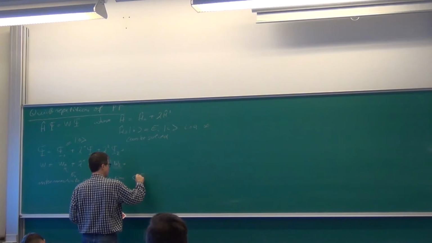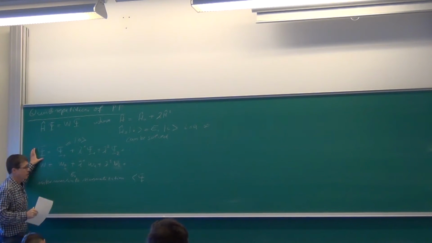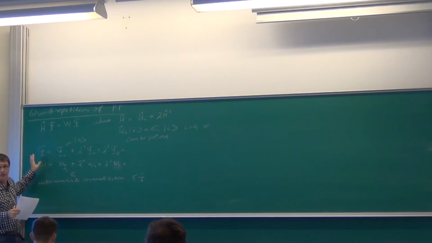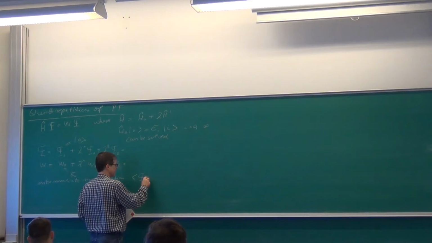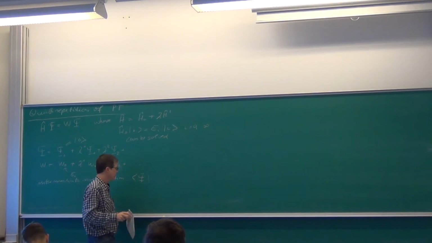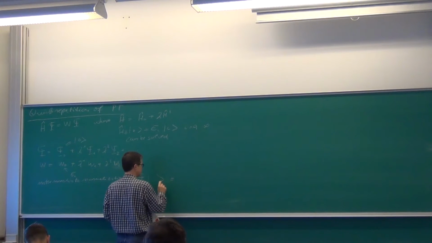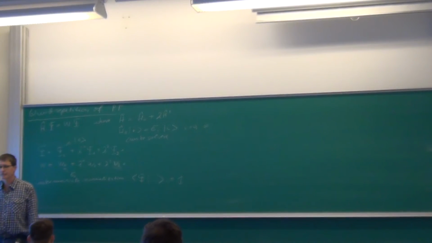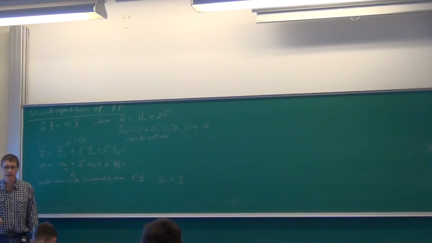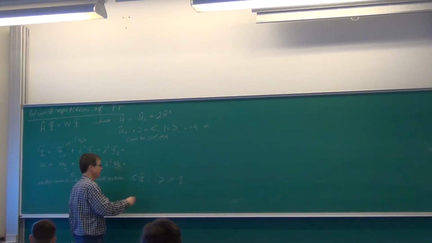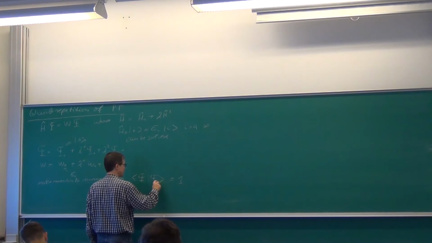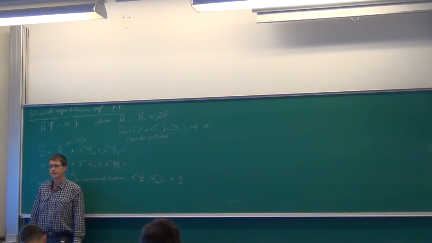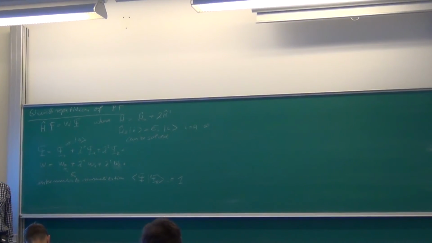Here we have our perturbed wave function, or the expansion of the perturbed wave function. And we take the overlap between that function and something and require that it's 1, but we don't require that it's the overlap with itself, but it's the overlap with the zeroth order wave function, with the unperturbed wave function.